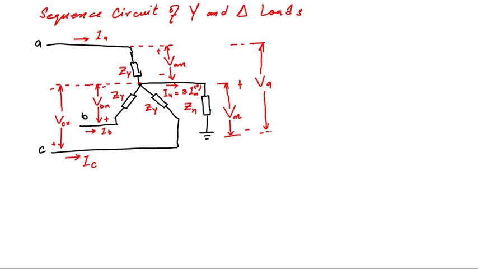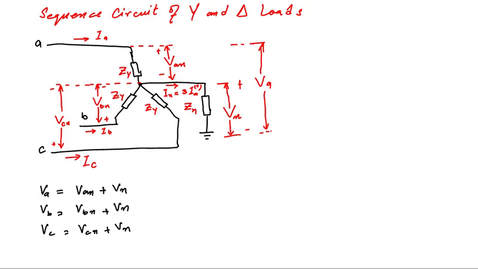Now if I write the three equations for voltages VA, VB and VC: VA is equal to VAN plus VN. Similarly, VB is equal to VBN plus VN, and VC is equal to VCN plus VN. I have written these three phase equations from the above circuit.